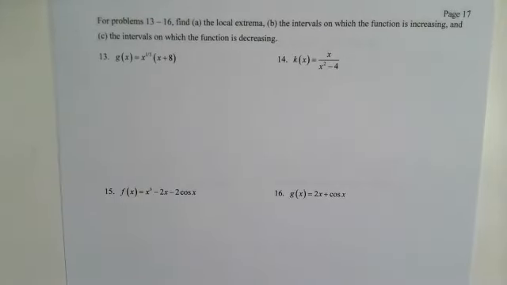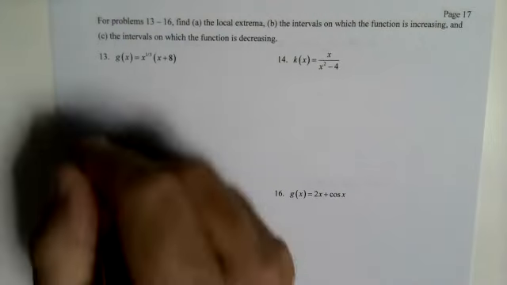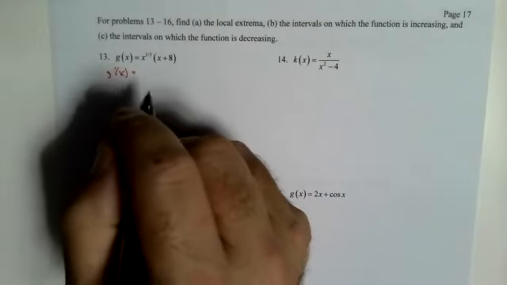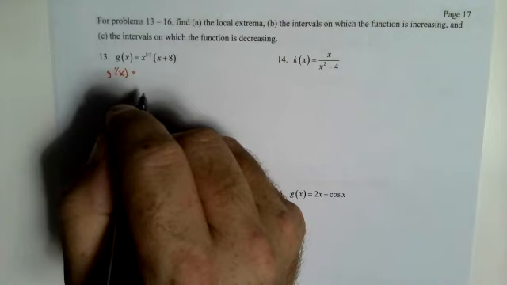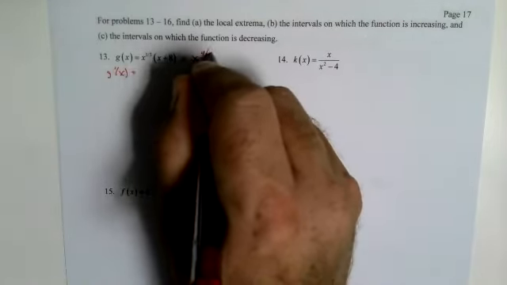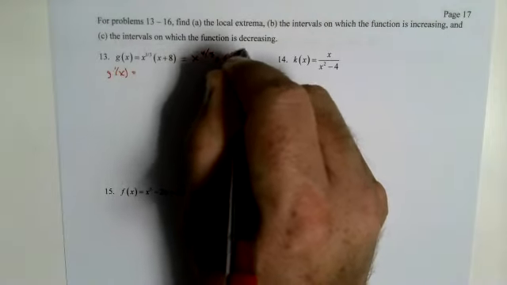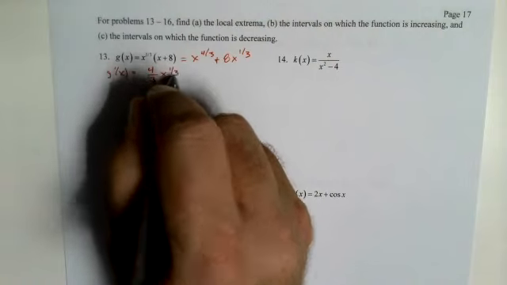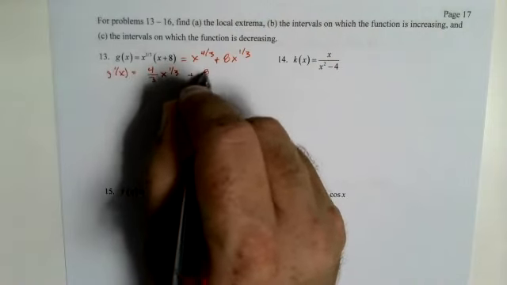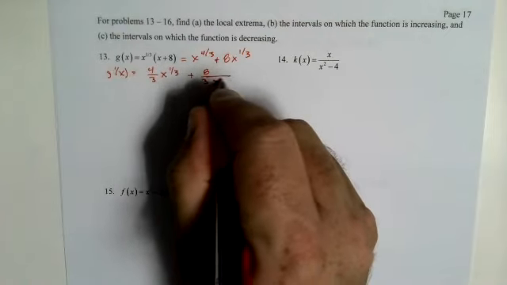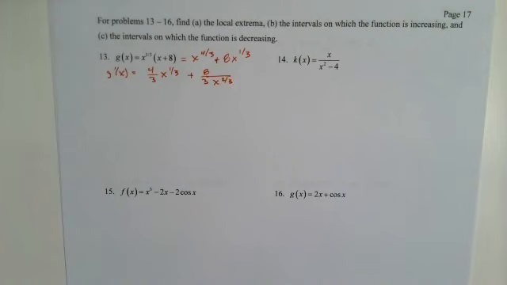All right, so same deal on 13 through 16. Derivative. Well, before I do that, let's make it easier. X to the 4 thirds plus 8x to the 1 third is 4 over 3 x to the 1 third plus 8 thirds x to the 2 thirds on the bottom.